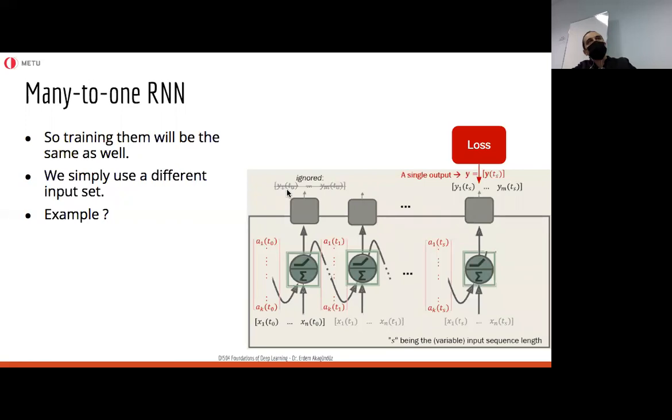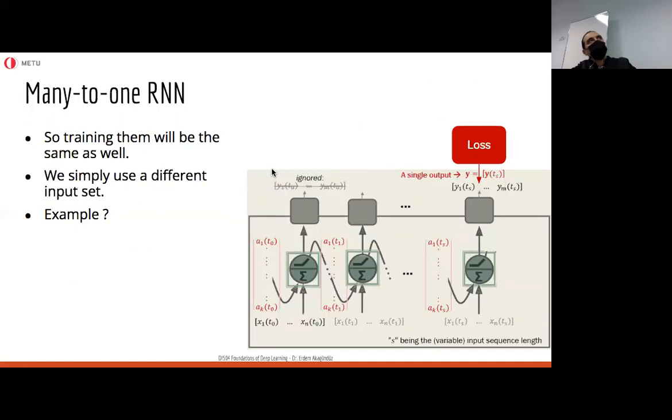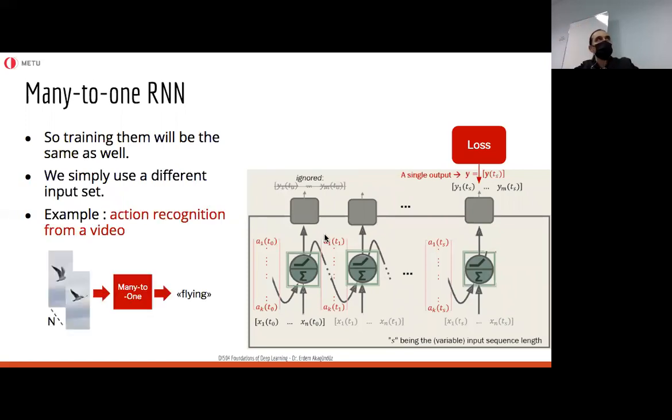Because in one-to-one with delay, remember, we had an input, we were ignoring these. In many-to-one with delay, the input changed. That's the only difference. So the mechanism to train it, the loss flow, is quite simple. Okay, example, many-to-one.